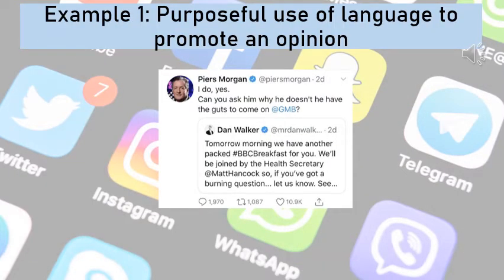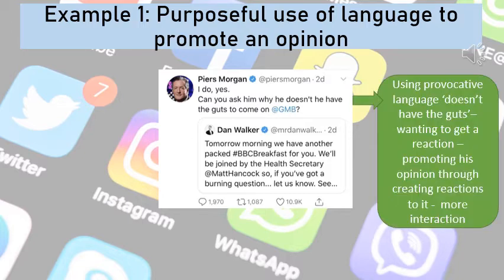We will look at some examples of the purposeful use of language together in order to help you to understand what you need to do. This tweet from Piers Morgan is our first example. The first way he uses language to promote an opinion is that he uses quite provocative language, such as "doesn't have the guts."